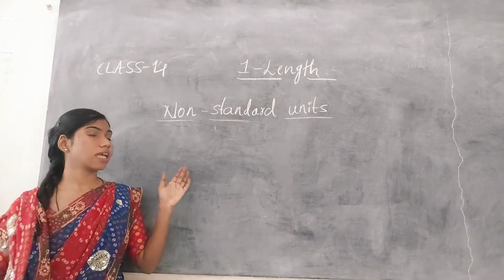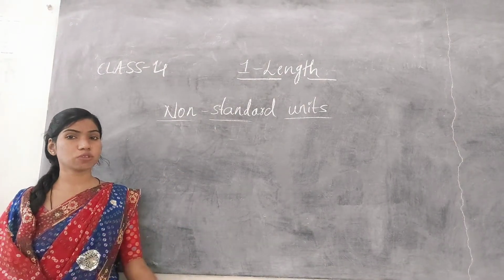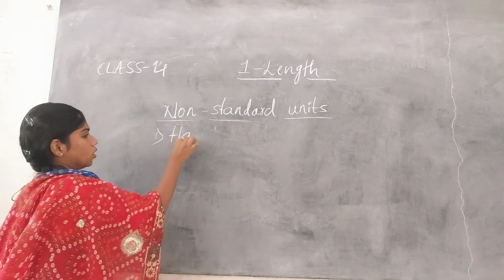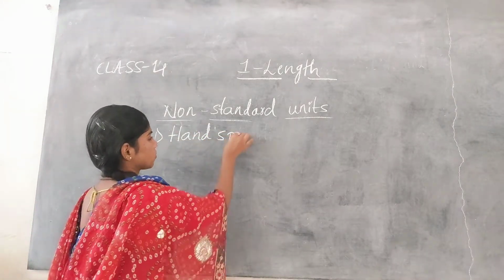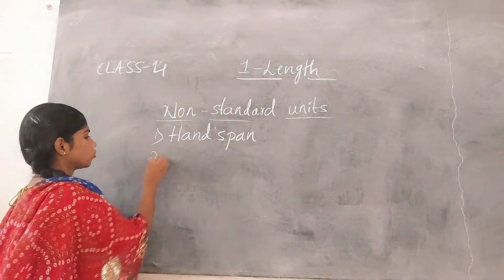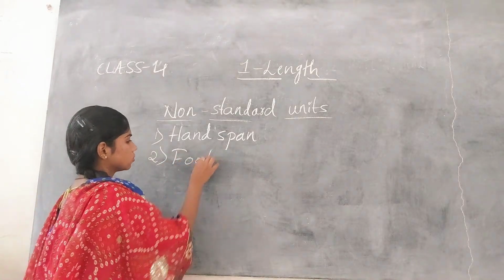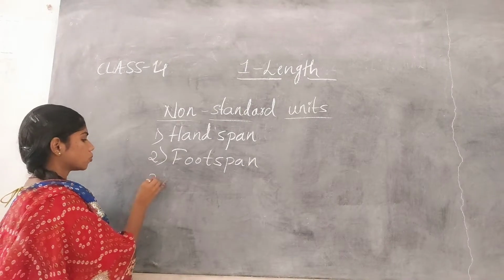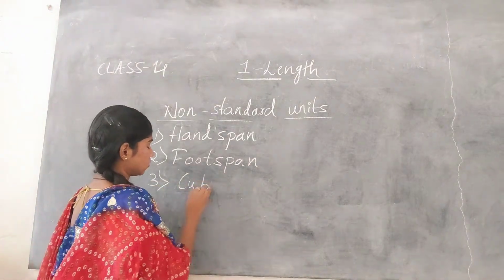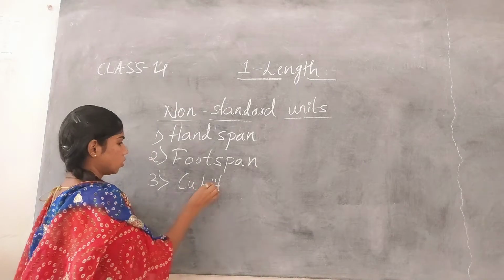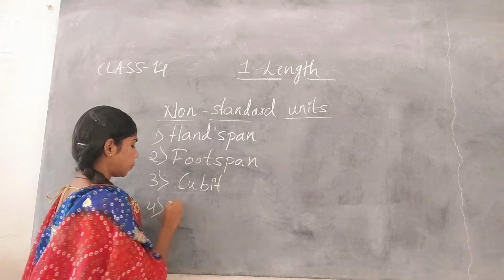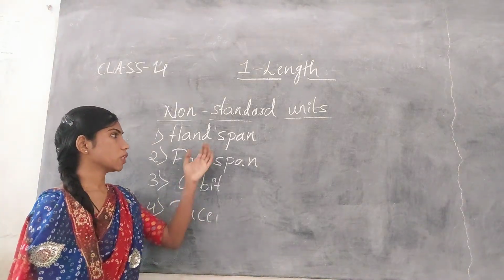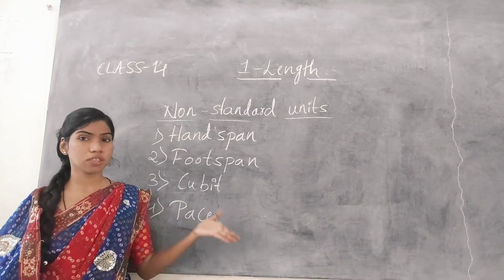To measure the length of an object, we use our body parts like hand span, foot span, cubit, pace. So these are the non-standard units.